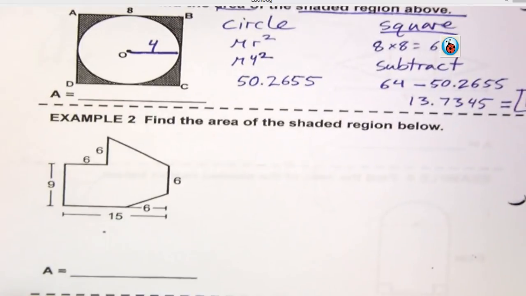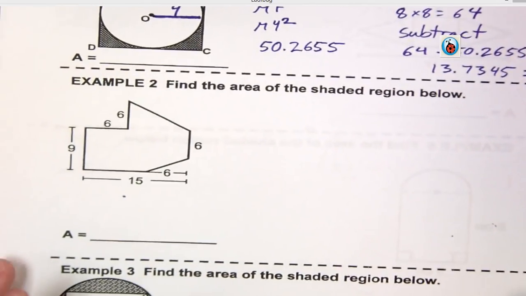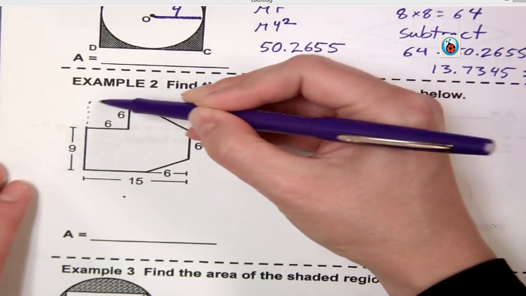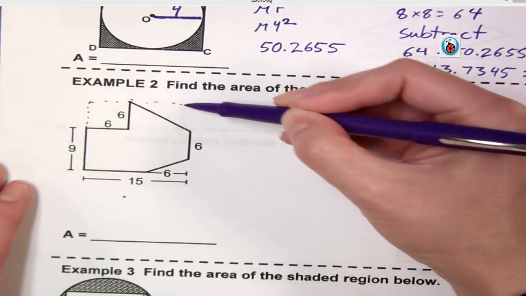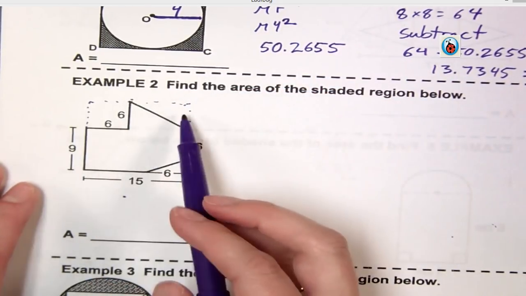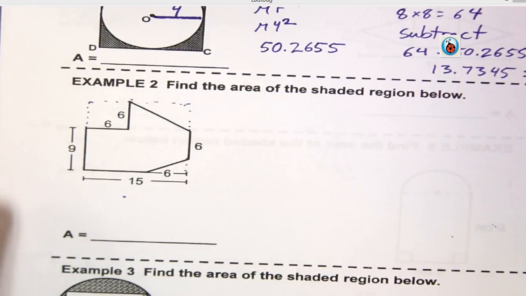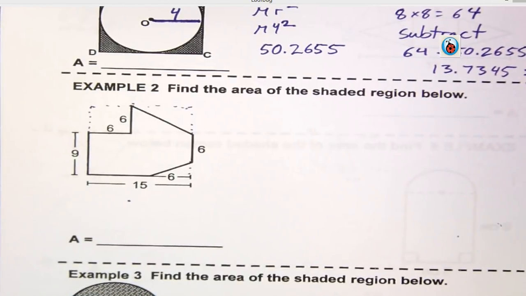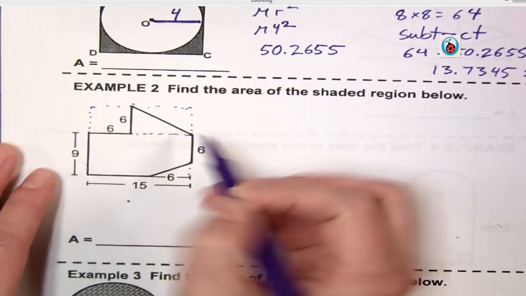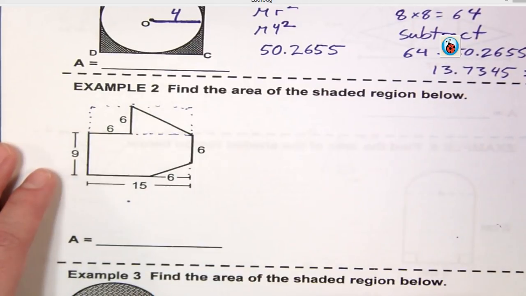Alright, the next one is even more fun. So this one I can do several different ways. I could fill out the whole thing into a big rectangle and then find the area of that square and that triangle and subtract them. Okay, so I could find them all and subtract, or I could divide it up and figure out, okay, this is a rectangle here, that's a triangle on top.